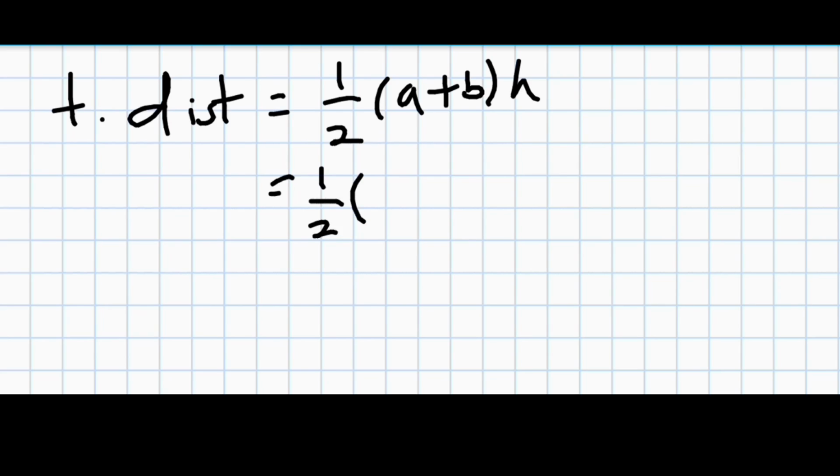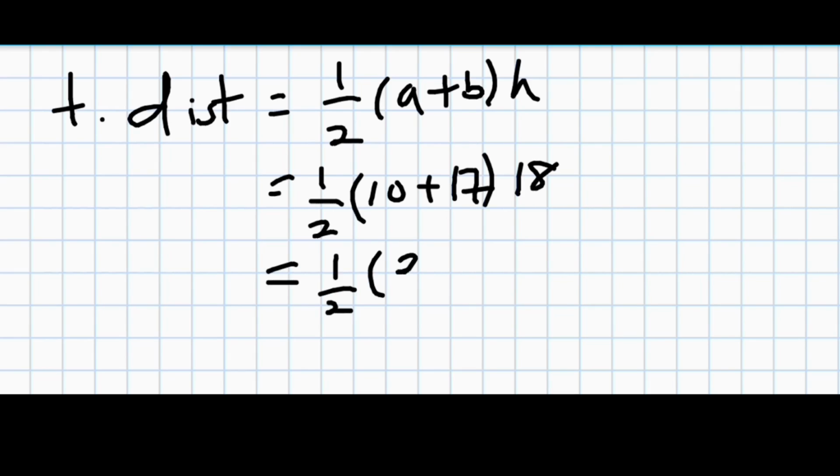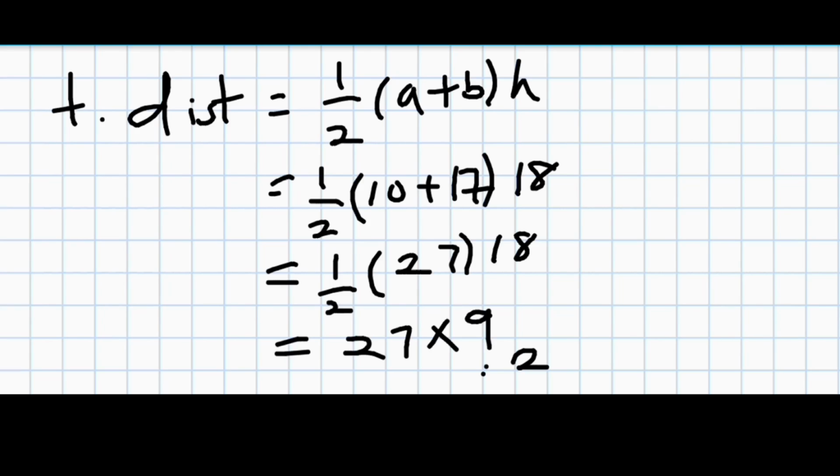We already obtained our A as 10, B as 17, and of course we know H as 18, which will be half multiplied by 27 times 18, which will be 27 times 9. And this will give 243 meters. So the total distance covered by the car is 243 meters.